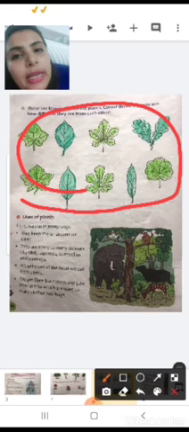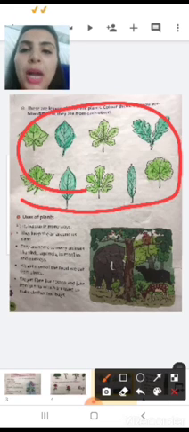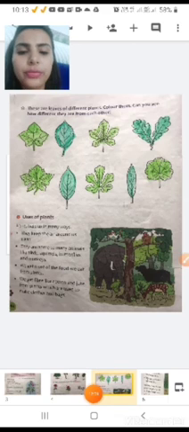We take oxygen for our breathing and we leave carbon dioxide, and plants do the vice versa. That means they can provide us fresh air.